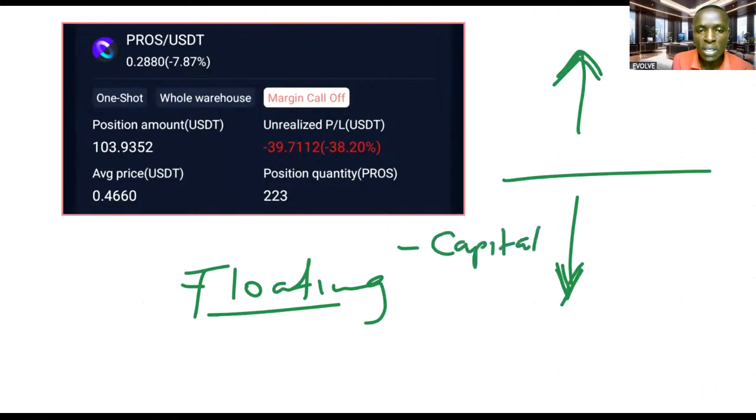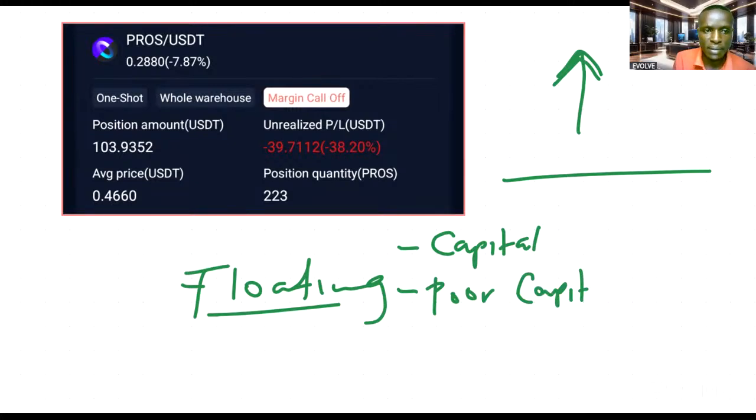Number two is poor capital deployment, or poor capital management. So you entered your money in the market wrongly.